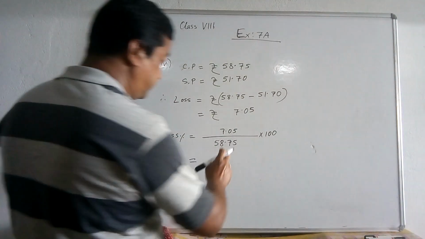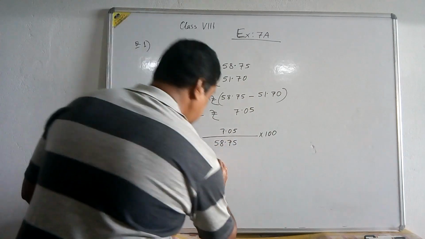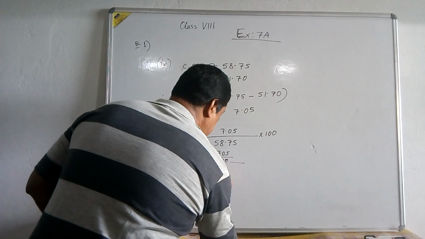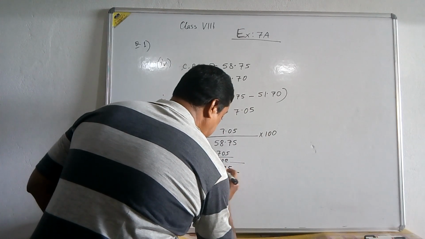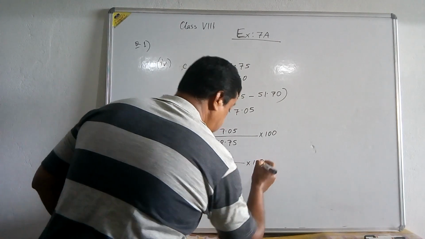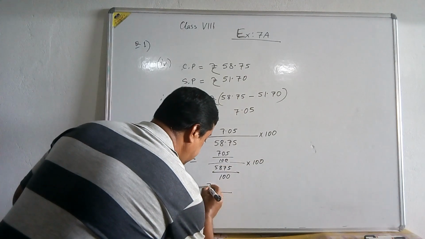Now actually this is 7.05, then here 58.75, that means 705 by 100 and here 5875 by 100. Same decimal places. Now you don't cut it here, you just divide it.